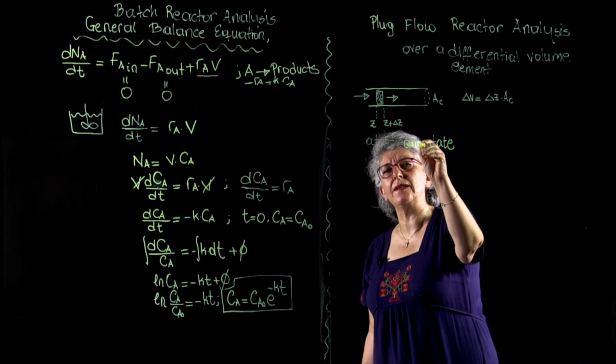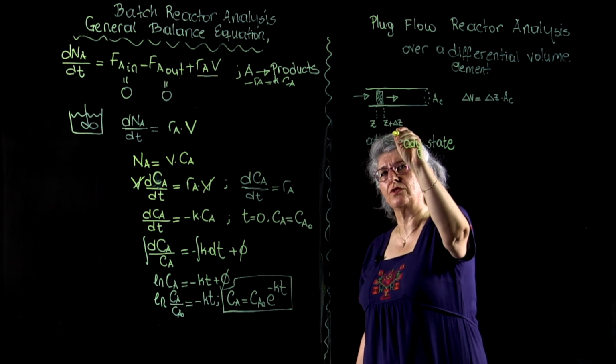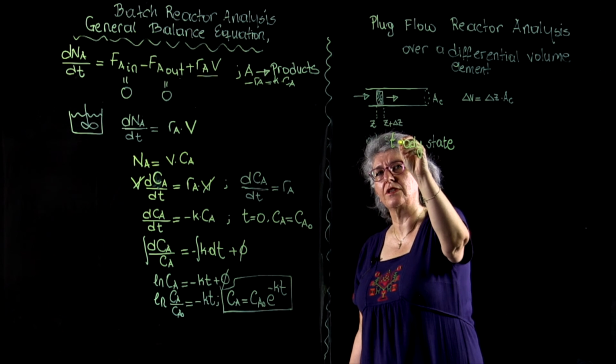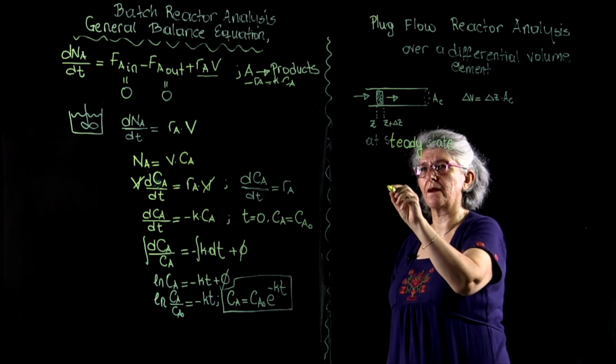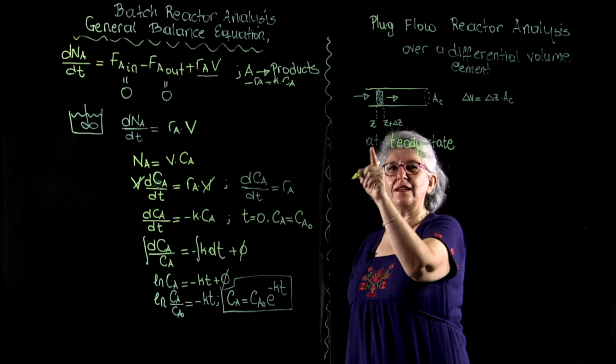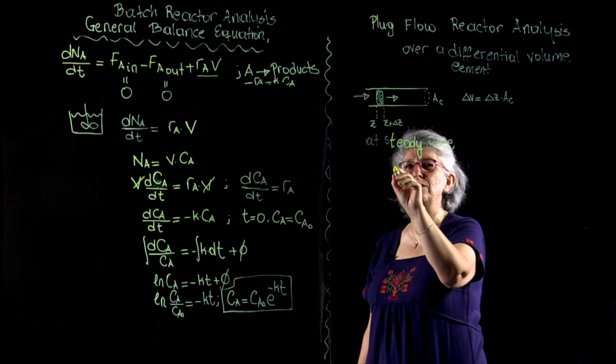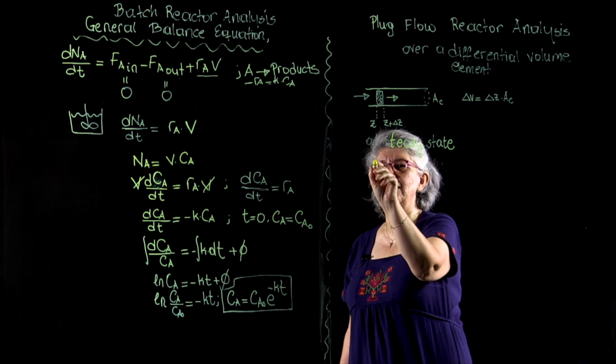What is steady state? Time evolution under flow is 0. At steady state, the dN over dt term is 0. There is no time evolution term.